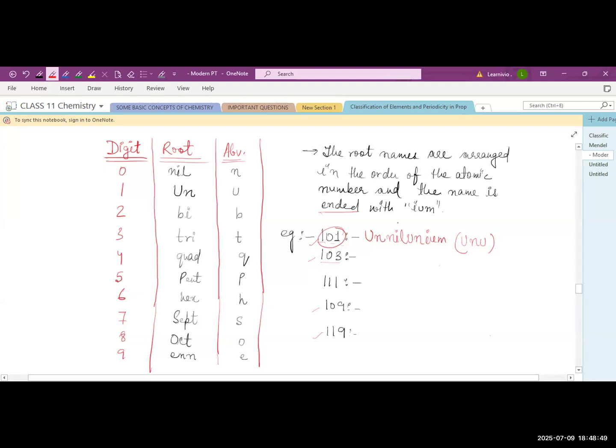Okay, you can tell me the abbreviation. UNT. For 111, UUU. For 109, UNE.